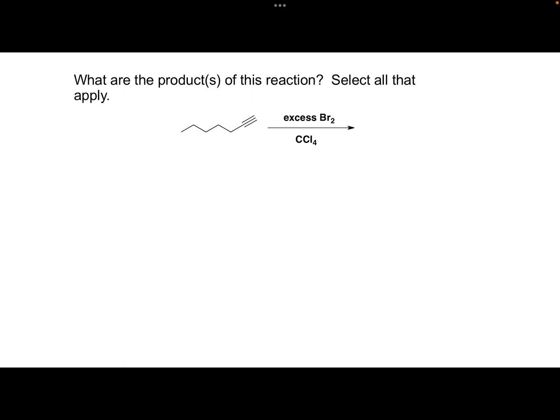Okay, so here we're seeing another one of the new reactions you were supposed to read about on Friday. This is basically our halogenation reaction for our alkynes. And typically when we do these, we see excess of our halogen used because that's the most synthetically useful.